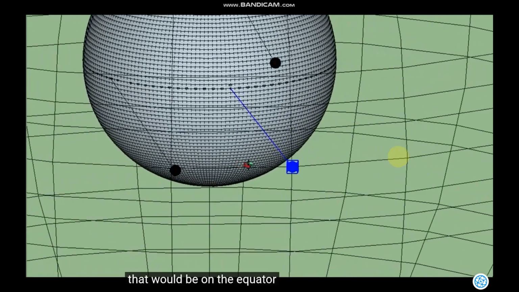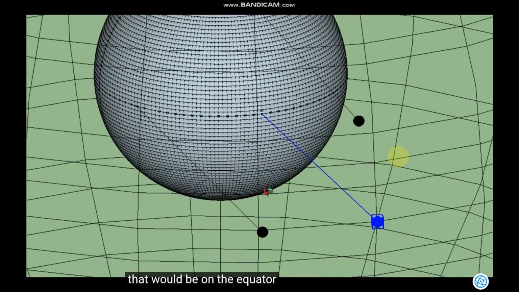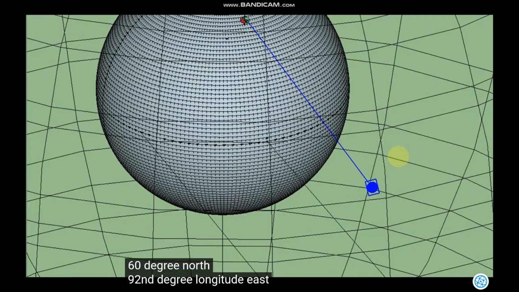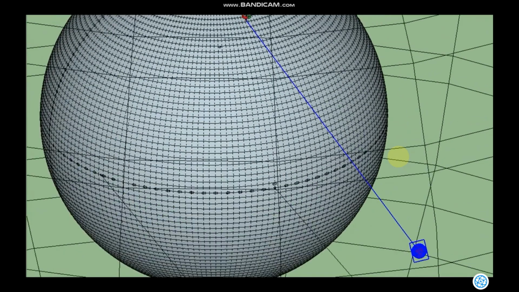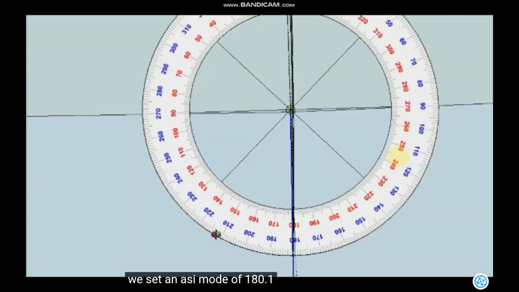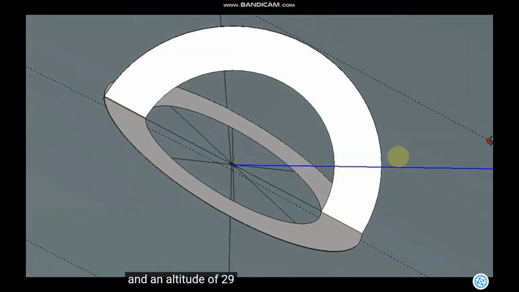That would be on the equator. 60° north, 92nd degree longitude east, with an azimuth of 180.1 and an altitude of 29, of course.